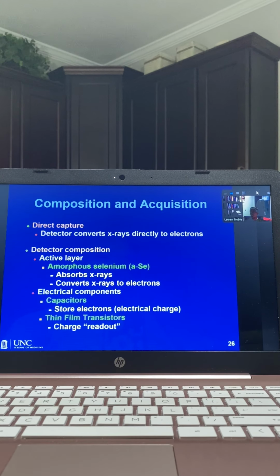The thin film transistors send a voltage to the capacitors and say, release the electrons. Like I said, we're not going to go into detail about exactly how that works, but that's what takes place. So you do need to know that the active layer is amorphous selenium and what it does. You need to know what the capacitor does, and you need to know what the thin film transistor is responsible for.